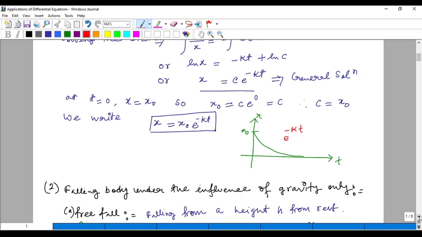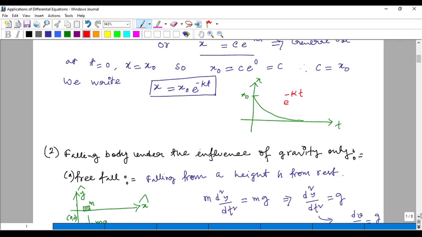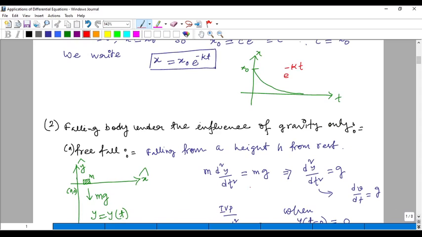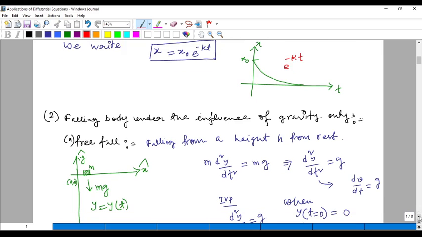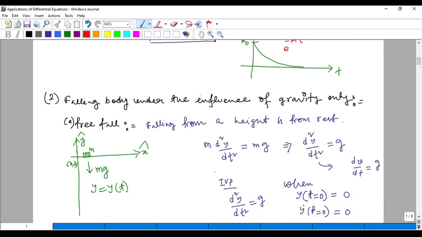Now we will go to the next problem, which is an interesting problem in classical physics: a body falling under the influence of gravity only. This problem has two situations. The first is the body falling freely, that is, in the absence of any type of frictional force, viscous force, or any kind of resistance force.